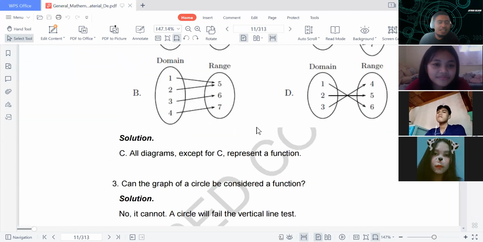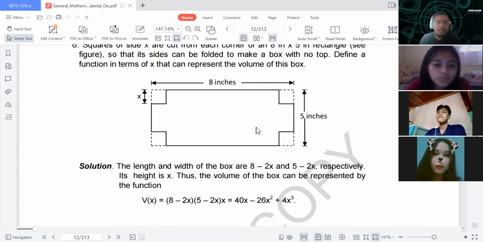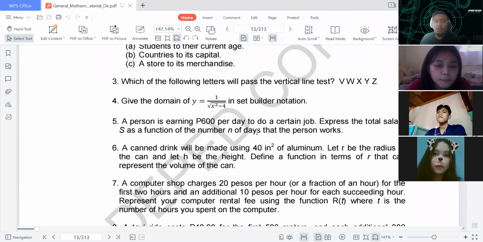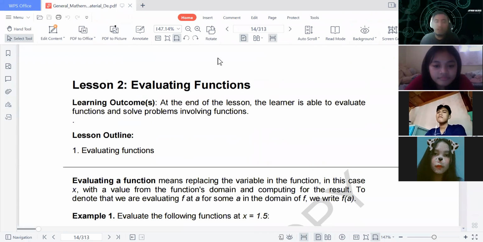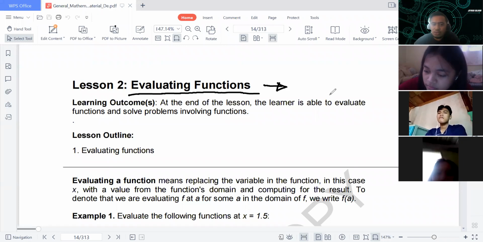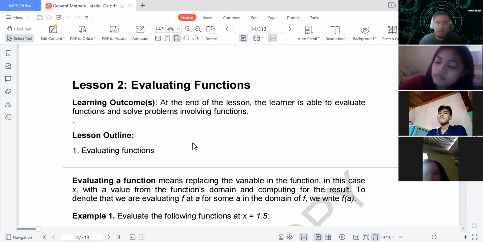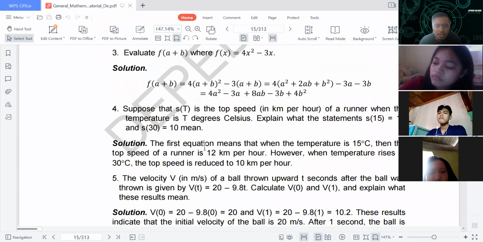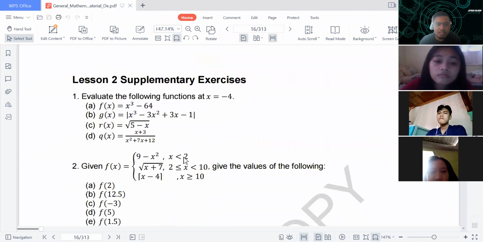I think that is the important thing we discussed within the day. The next topic is all about evaluation of function. For the next meeting, which will be on Wednesday, I want you to study how to evaluate functions. One more thing: try to answer the exercises below, supplementary exercises, lesson number 2.